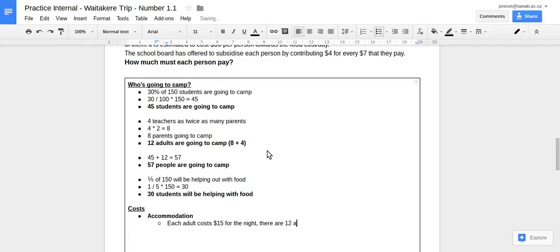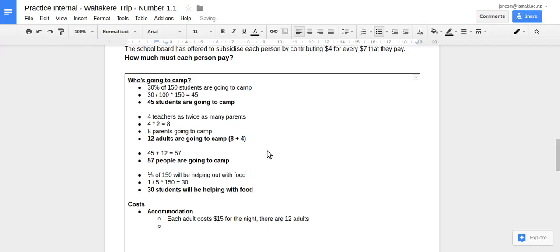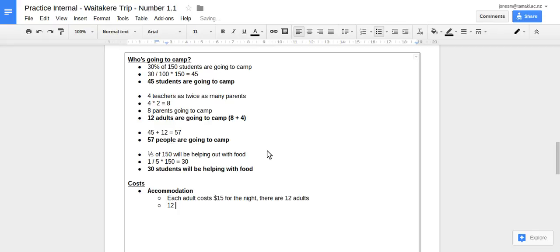There are 12 adults, so we have 12 times 15, and then it's 180. So adults cost 180.